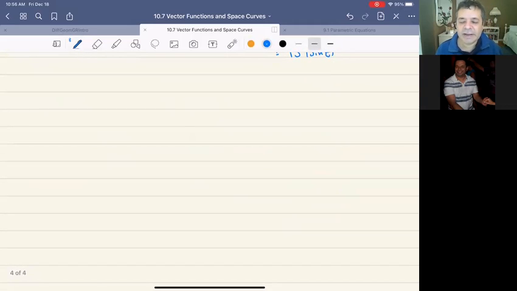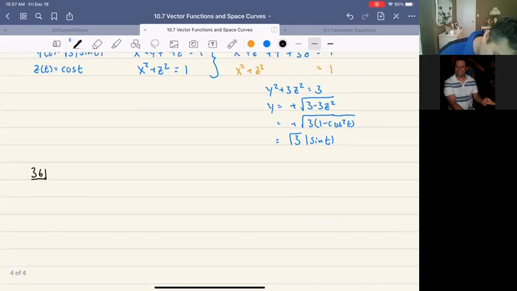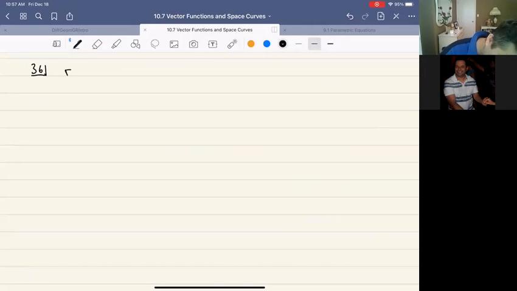Next, we're going to talk about equations of tangent lines. Let me scroll down to a problem here. I don't have a good one, so let's just take one out of the book. This is 36, and we have r of t equals e to the t, e to the negative t, 0.